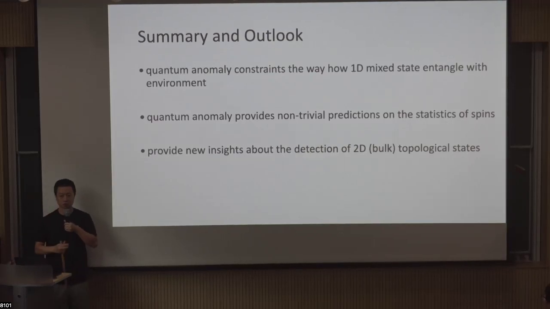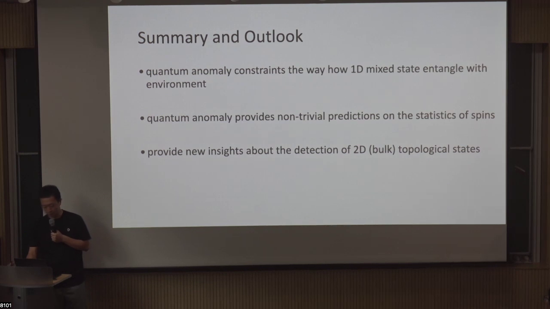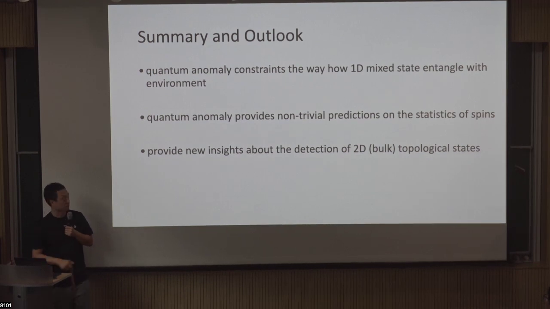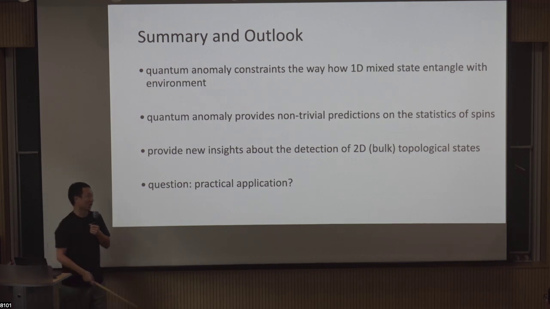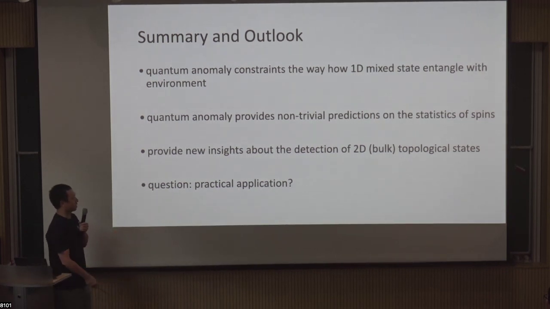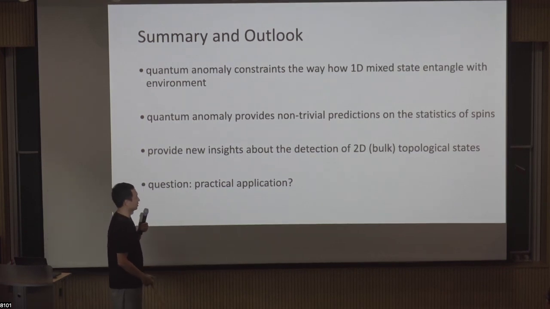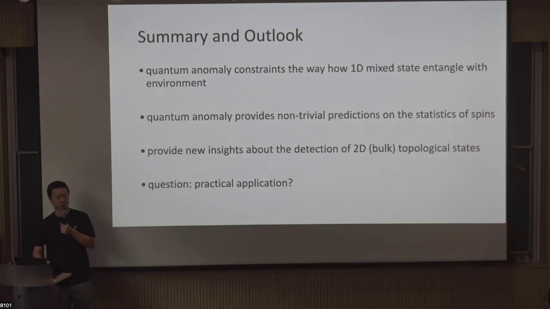Like a Z2 SPT provides you an anomalous symmetry on the boundary. And using this kind of argument, you can find a novel detection for the 2D topological phase. Here's just a question: if we think about topological constraints on mixed states, does it have any application in, say, quantum computers?